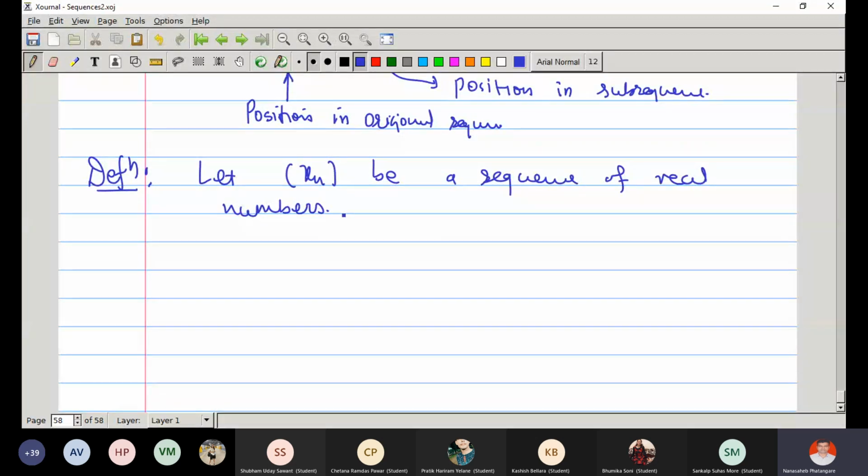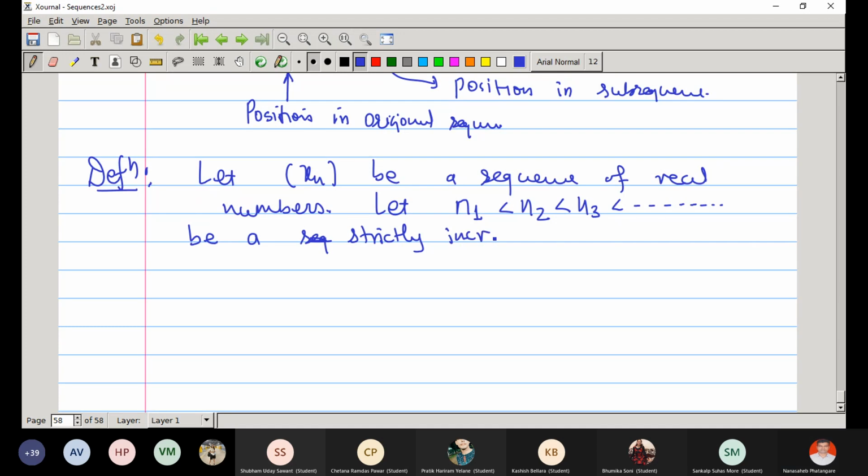What I am telling you is this: let n1, n2, n3 be these suffixes, a strictly increasing sequence of natural numbers.